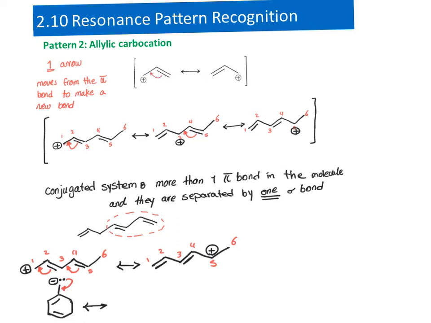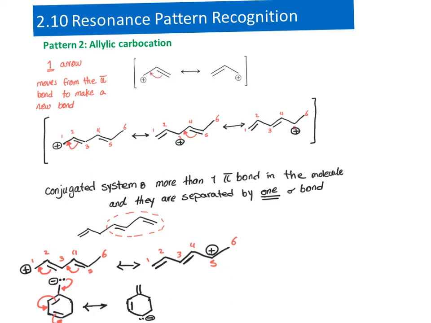Okay, I push the lone pair to make a new pi bond. This pi bond moves here, and this pi bond moves here to make a lone pair. Okay, so I have a lone pair here, a double bond, and a double bond.